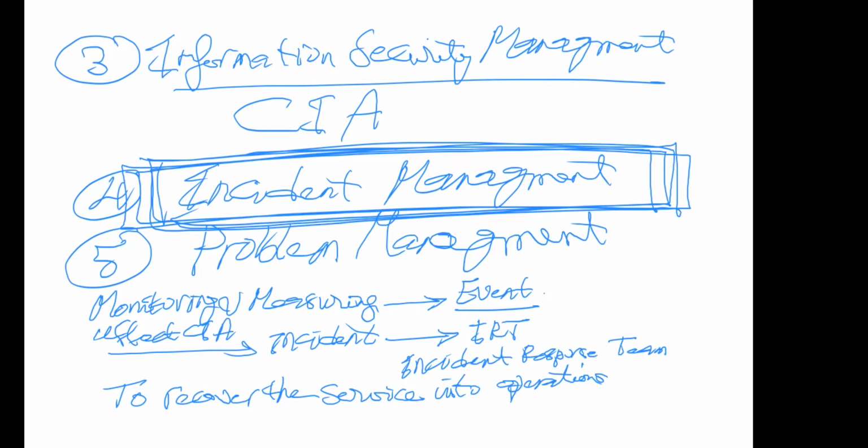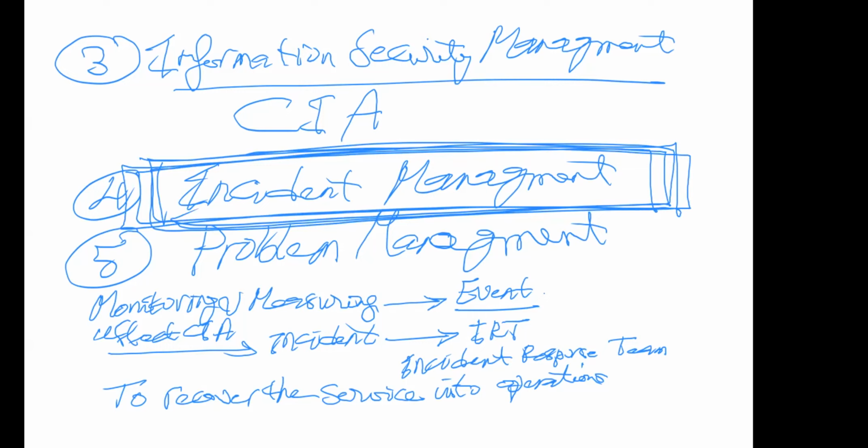When the service is up and running, it will go to the problem management team. As he said, they will try to make a root cause analysis. What is the problem? How did it happen? What will be the solution? And how to prevent this problem from happening again.